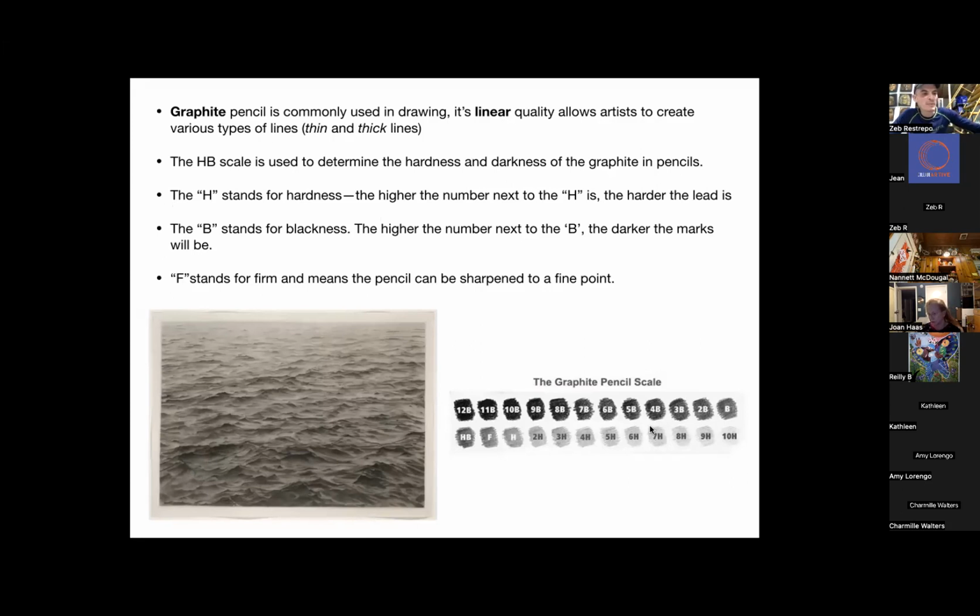Some individuals sharpen their pencils with an X-Acto knife or just a sharpener. Some artists use sandpaper to sand the tip of their pencil to make a really nice fine edge. But I'm just glad that everyone was able to make it.